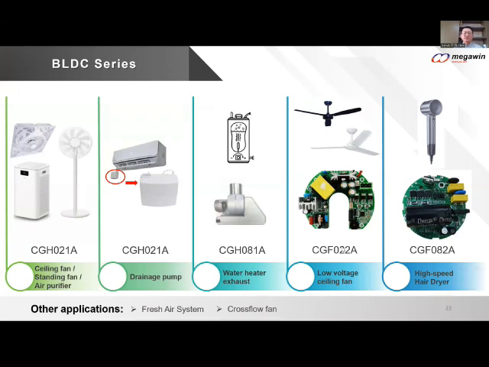So you can see some of the applications that use the CGH 0218: the fan, the pump, the water heater exhaust, low voltage ceiling fan, and high speed hair dryer.